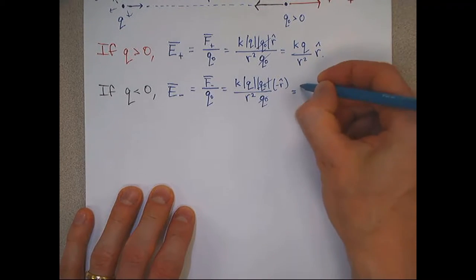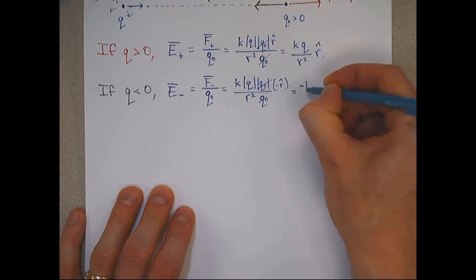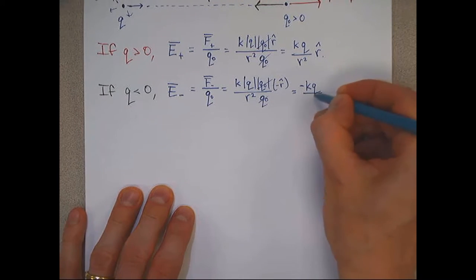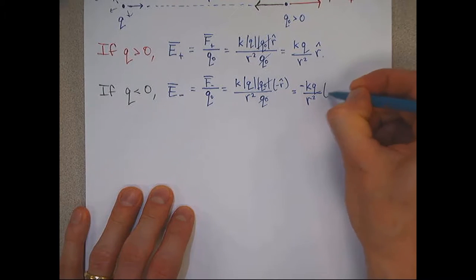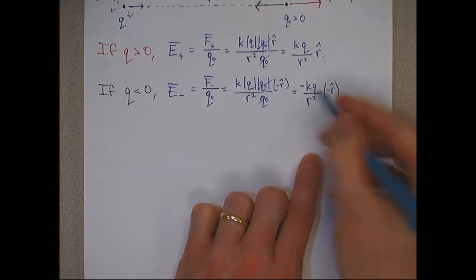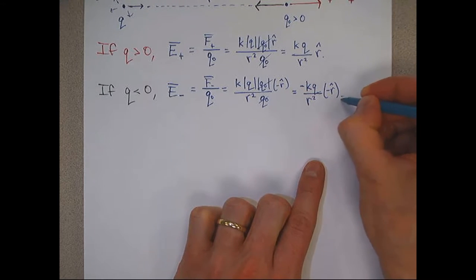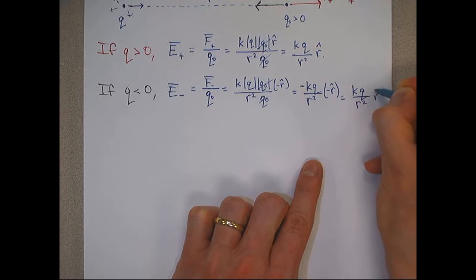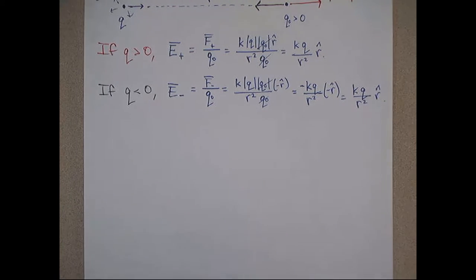So we have an expression here, minus Q, getting rid of the absolute value, in the minus r hat direction. You see these minus signs will cancel out, and we have an expression here, KQ over r squared, pointing in the r hat direction.